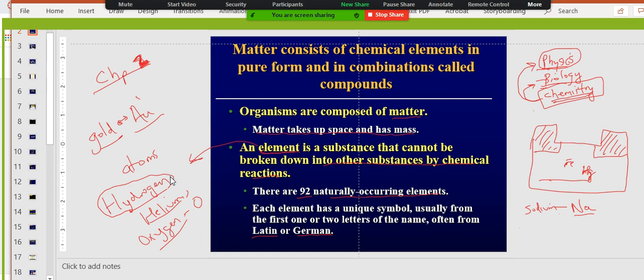Hydrogen is H, helium is He. So these are really pretty straightforward. Sodium is funky. Sulfur is pretty easy. It's S. Carbon is C. And so it's just a few of these weird ones that you're going to have to memorize.